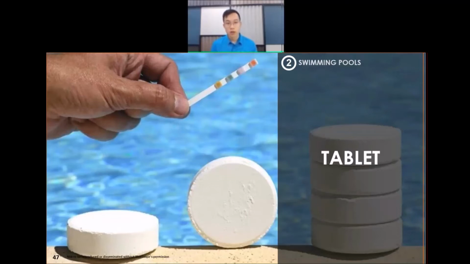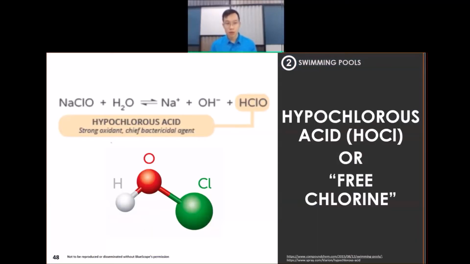As an example, sodium hypochlorite mixed with water is a chemical reaction that generates a product called hypochlorous acid. This is the chemical that is used to kill bacteria.